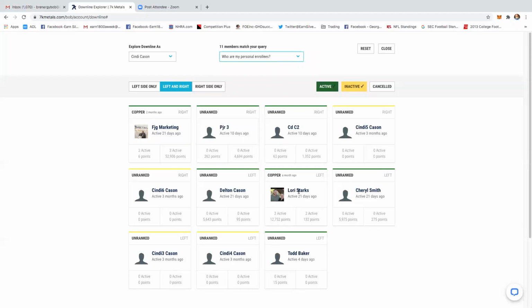That's all they needed. 1 copper on the left, 1 copper on the right, and 1 active on the left and 1 active on the right, two extra actives. And they've got 2 extra actives on the right and 2 extra actives on the left. So that qualifies them to be a bronze.